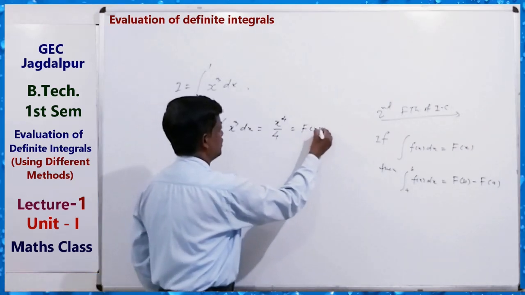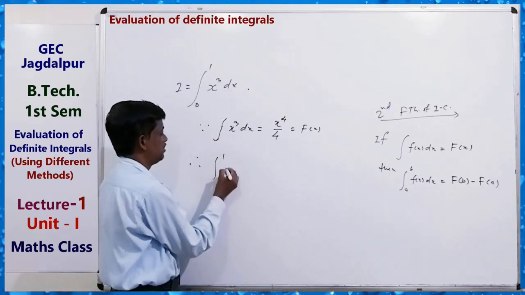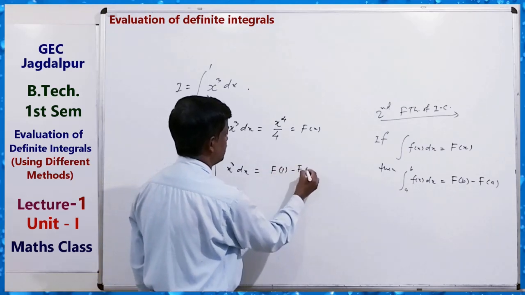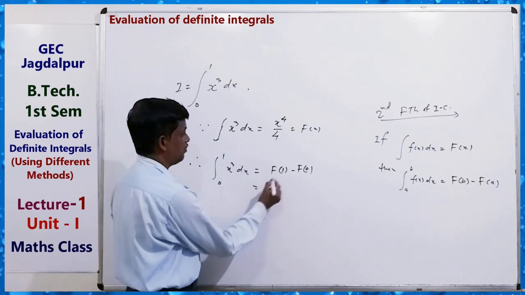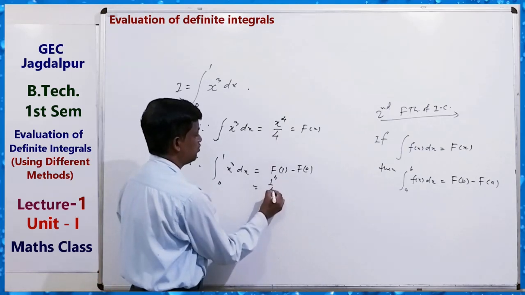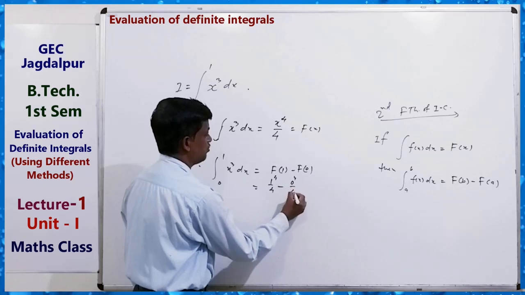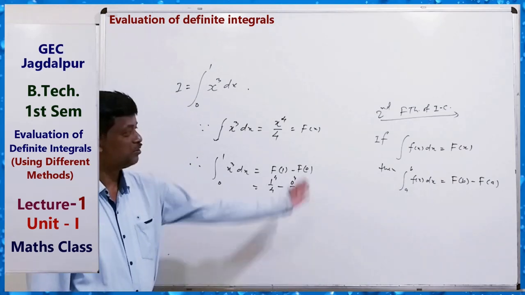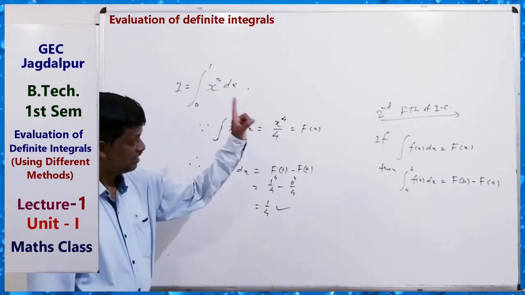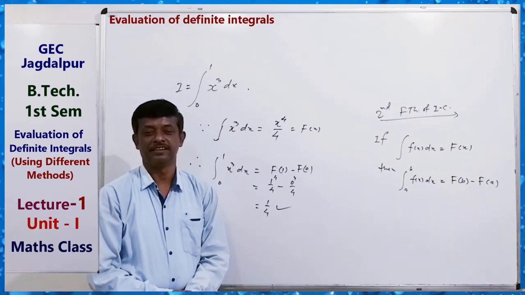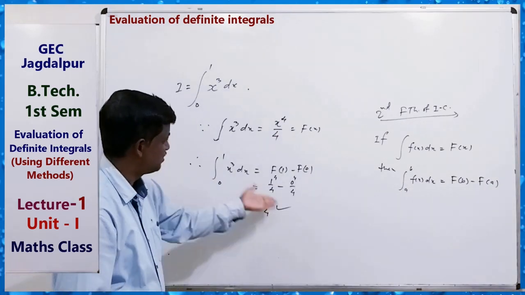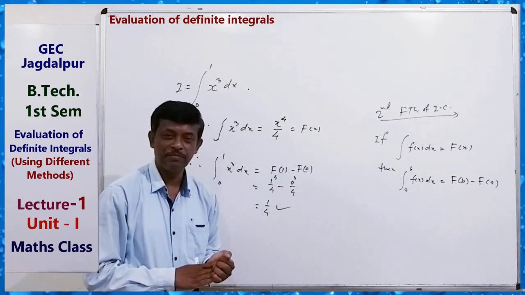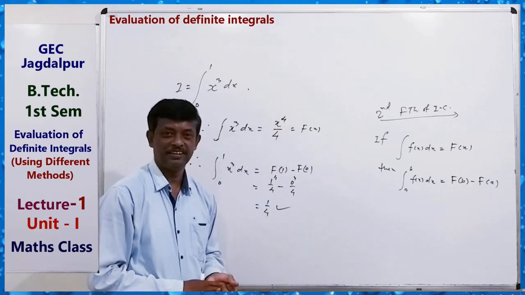Therefore, applying the limit, integral of x cube dx equals F(1) minus F(0). So F(1) means 1 power 4 by 4 minus 0 power 4 by 4, which equals 1 by 4. This is the answer, the same answer, 1 by 4, using the fundamental theorem of integral calculus. So in 2-3 steps we get the result, whereas the limit of sum is a very lengthy method.